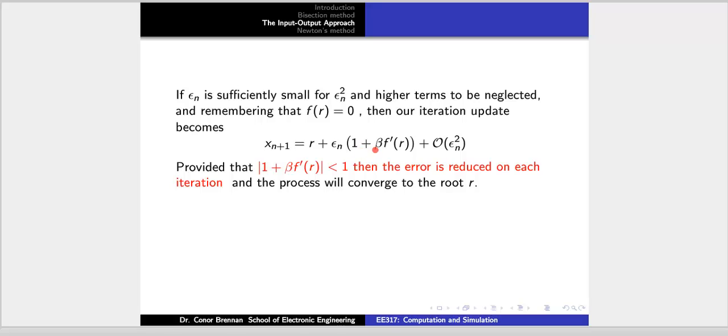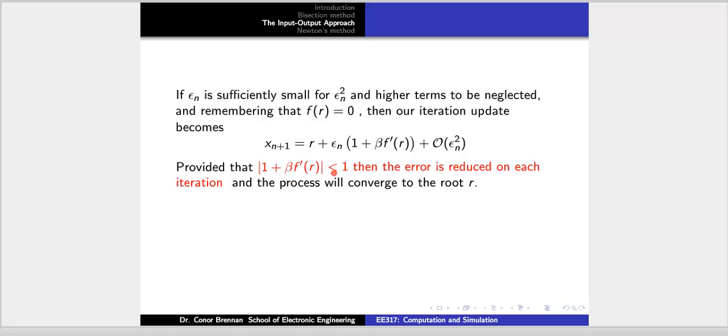Provided that 1 plus beta f dash of r is less than 1, this product will be less than epsilon n and will have reduced the error. So at step n, the error was epsilon n. At step n plus 1, the error is epsilon n multiplied by this. If we can make this thing less than 1, we reduce the error.